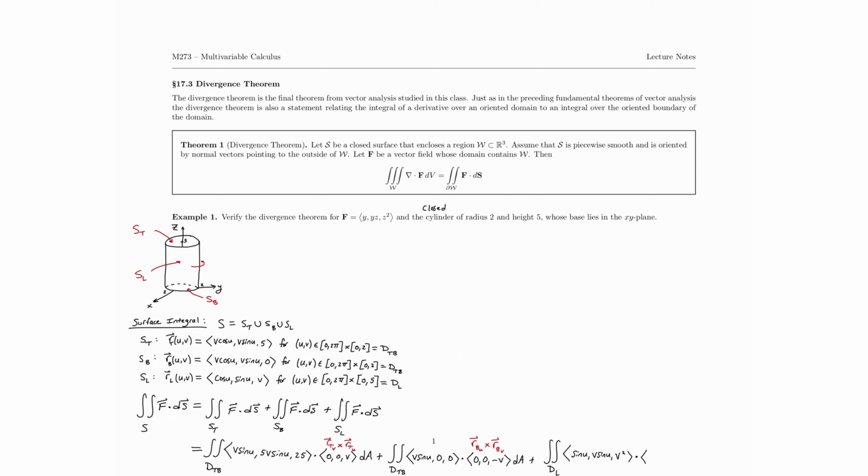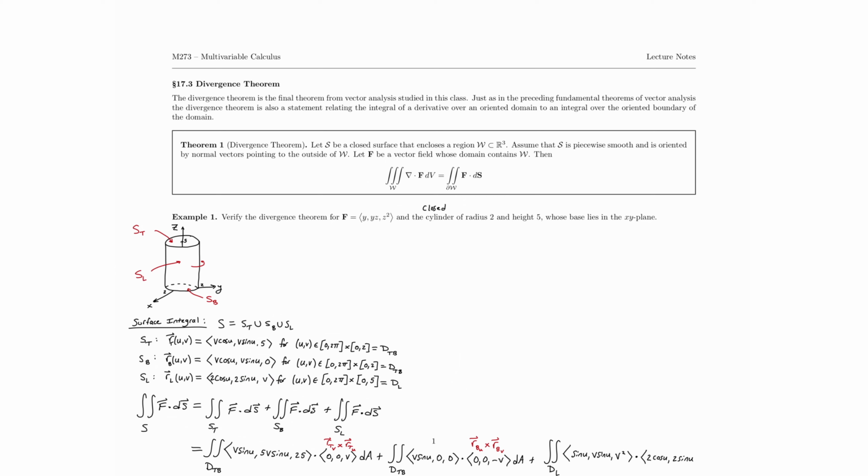This is going to be 2 cosine u, 2 sine u, oh yeah, that reminds me, sorry, from earlier, this is a circle of radius 2. So this should be a 2 in front of the first two at least.